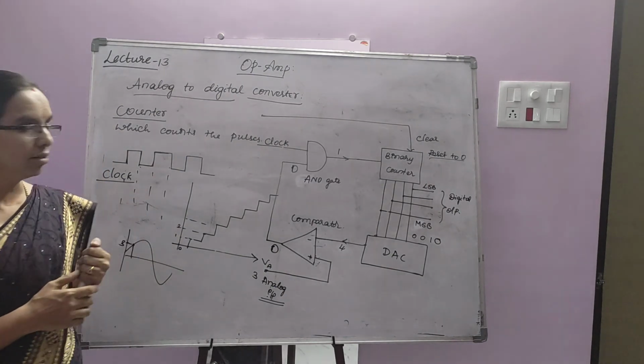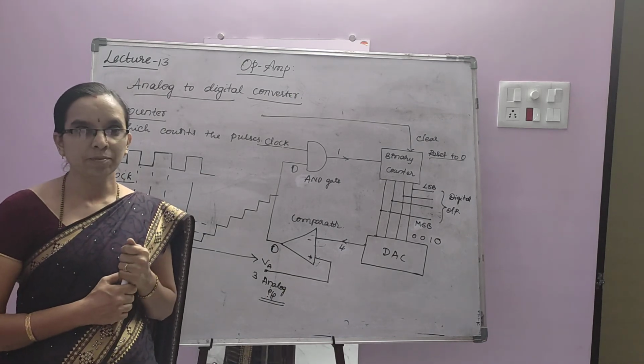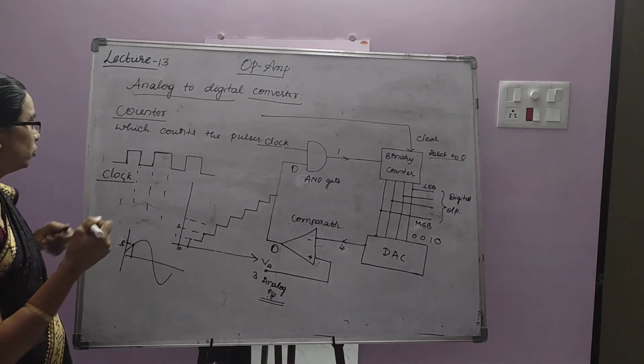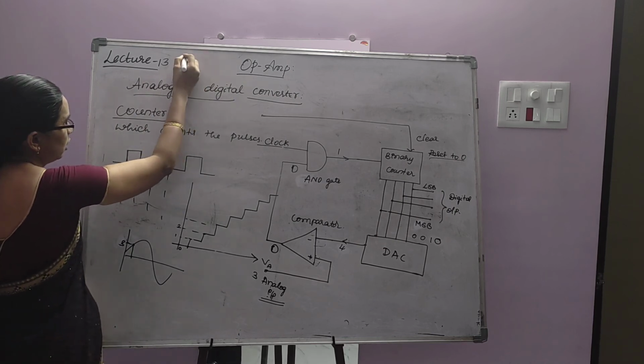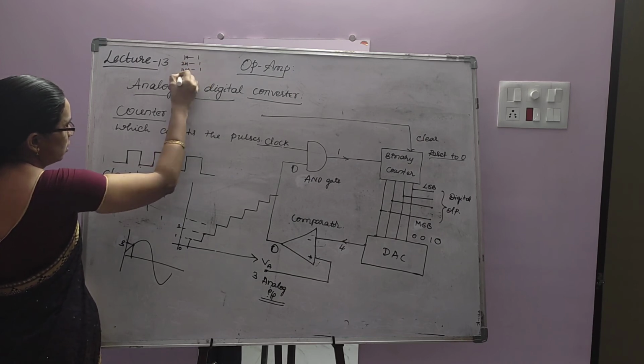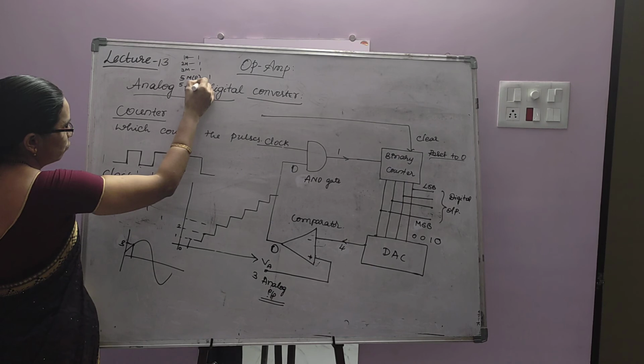And along with this, the operational amplifier chapter completes. As for the weightage for this chapter, there will be a 1 mark question, a 2 marks question, a 3 marks question, a 5 marks problem and a 5 marks theory question.